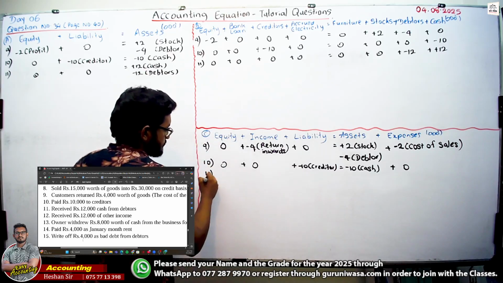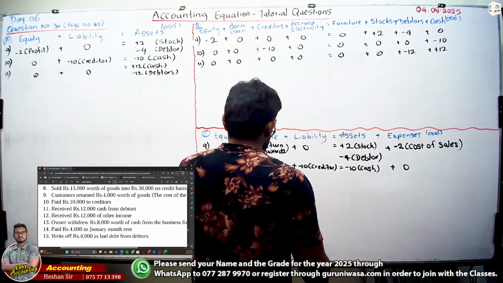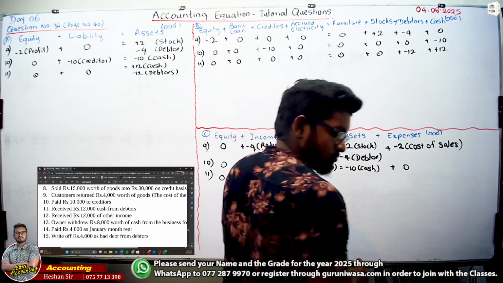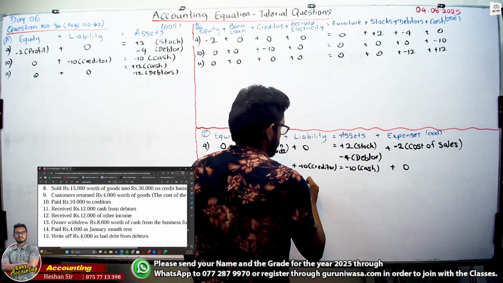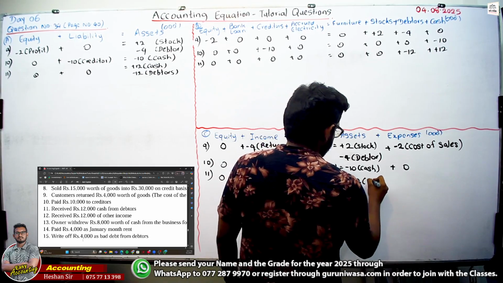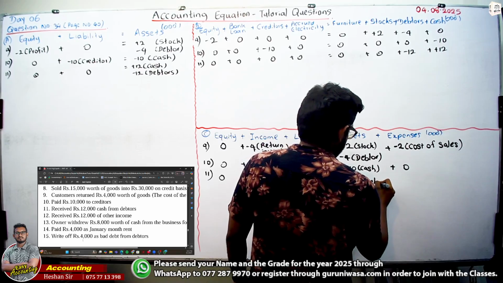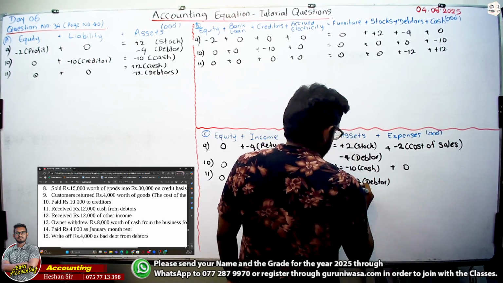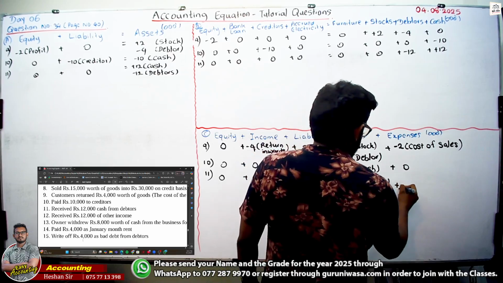Number 11. Minus 12,000 debtor, plus 12,000 cash, plus 0.